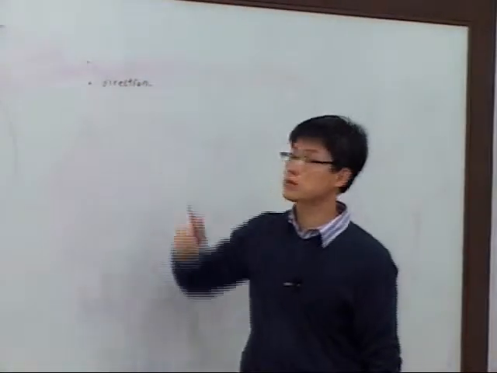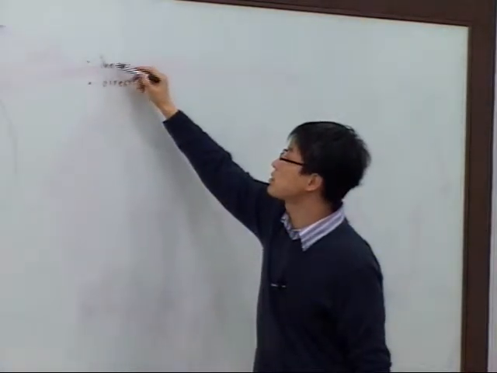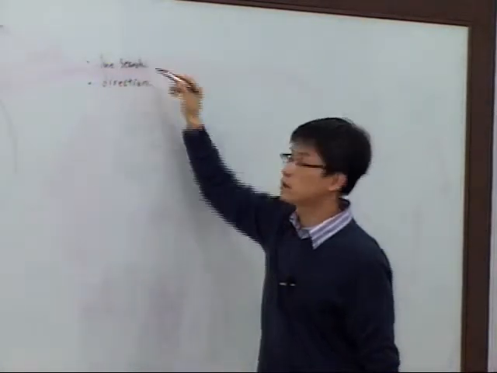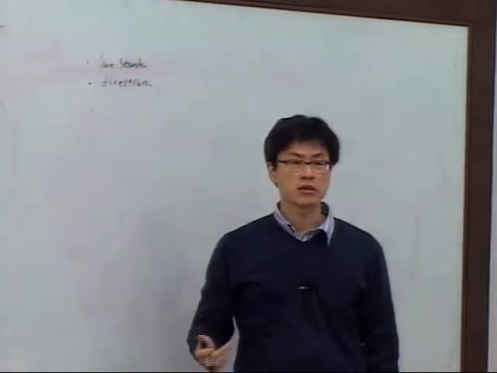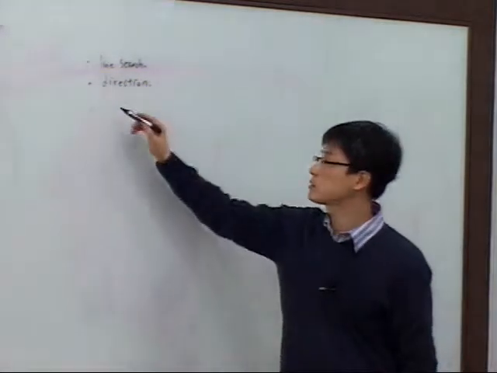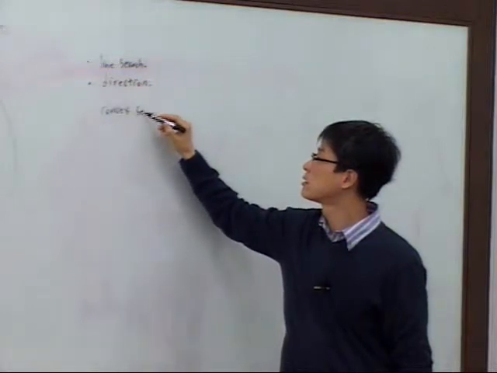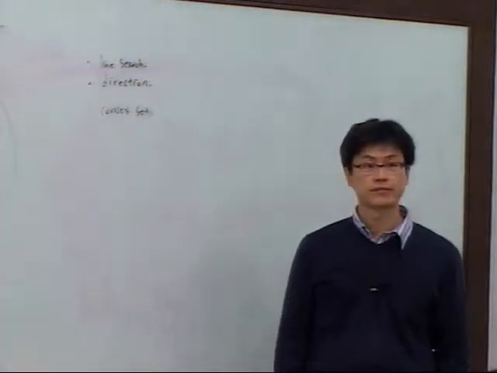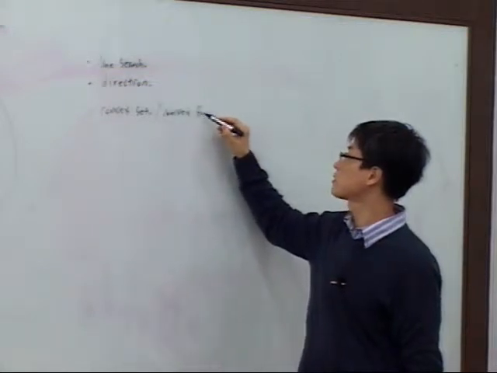Also, I mentioned that we have to be very careful about this line search, right? And a little complex one is that we have to be very, very careful about the definition of convex and convex function.